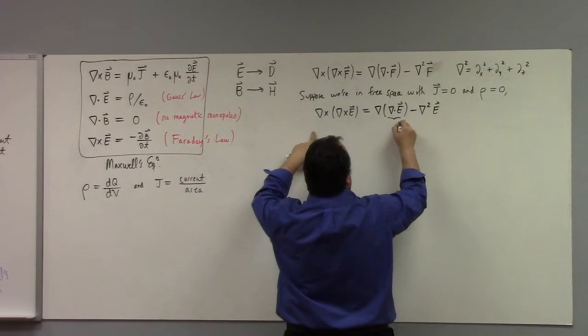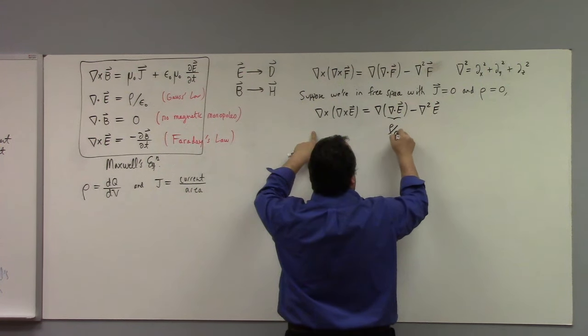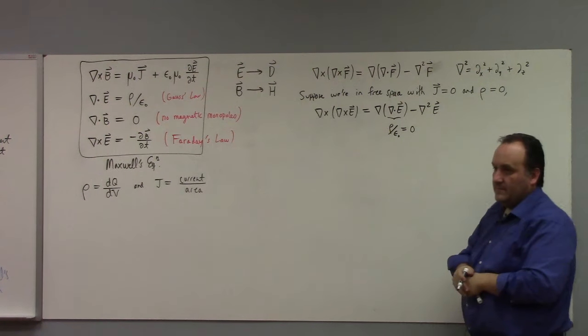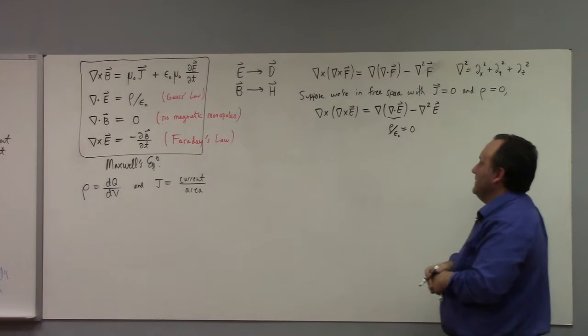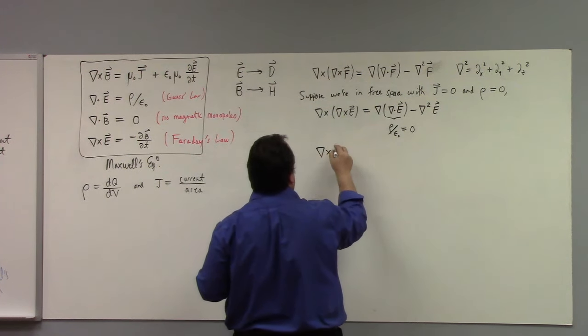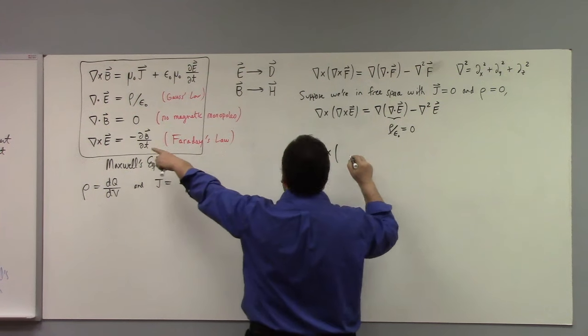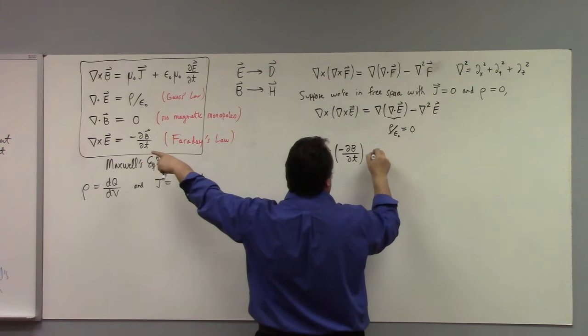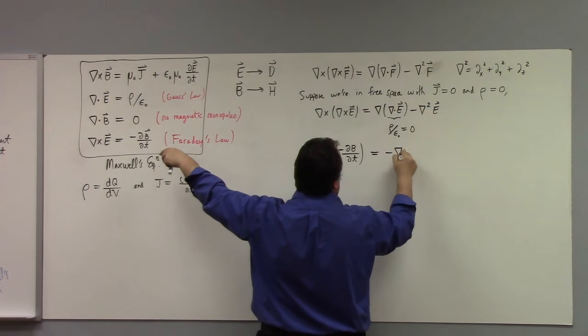This is rho over epsilon naught, but that's 0. Then over here we have del cross, the curl of the electric field. Faraday's law says that's minus partial B partial t. And apparently that's equal to minus nabla squared E.